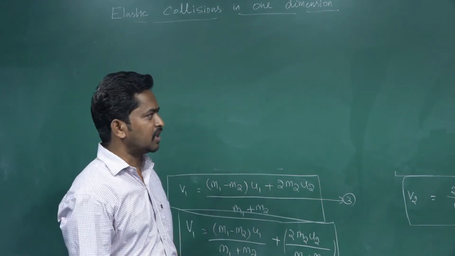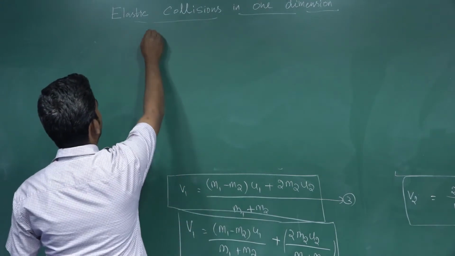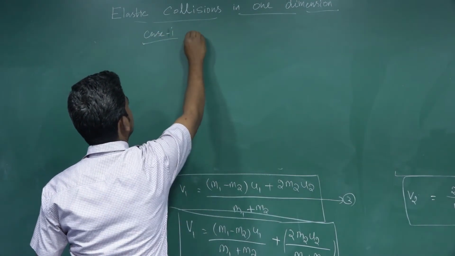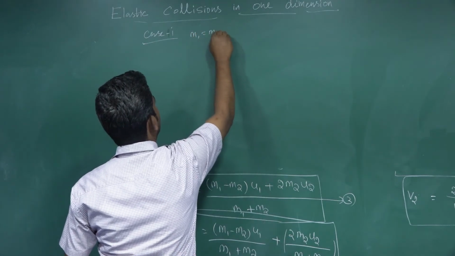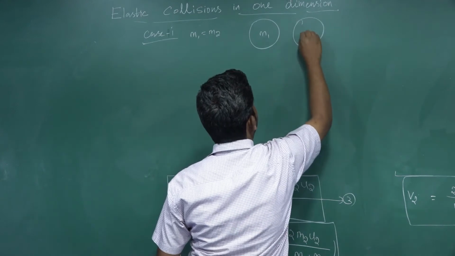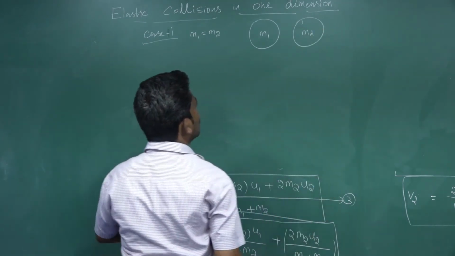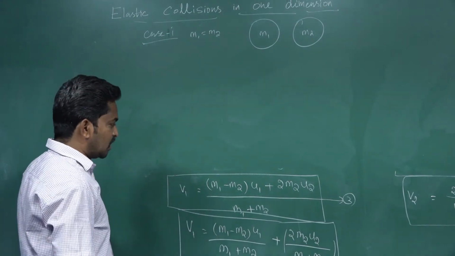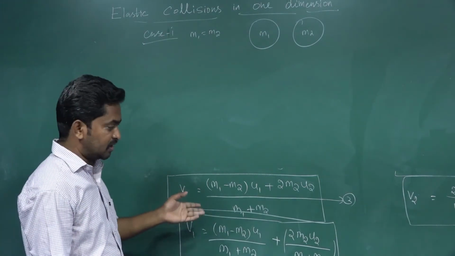I want to take it in conditions. Case 1. Condition: if m1 is equal to m2, the first elastic body is m1 and the second body is also m2. If the mass is the same, what happens? What is the final velocity of the two elastic bodies?